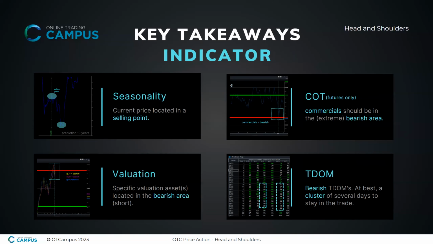Key takeaways indicator. Guys, here I follow the idea from the bearish engulfing. We talked a lot about the indicators, but it is always the same, right? We're using the seasonality, the COT, the trading day of the month, valuation, always the same for a bullish and for a bearish trade opportunity, okay?